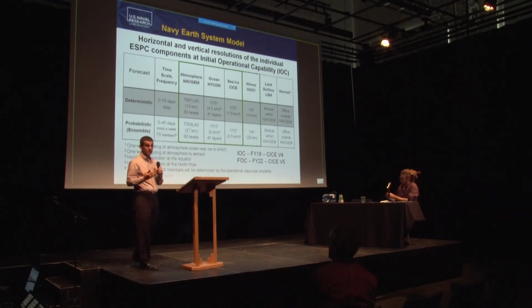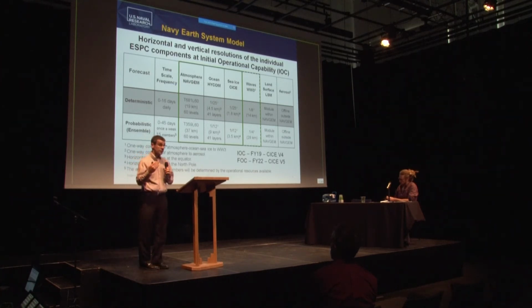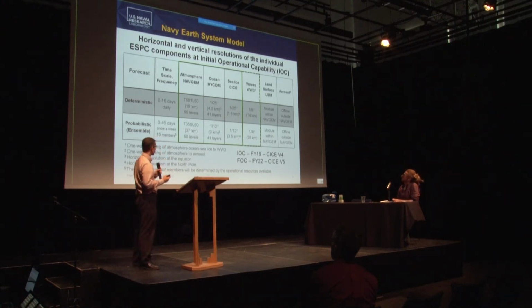Probabilistic will be a little lower in resolution just because of the time it takes to run it. So the ensemble is half the resolution of the deterministic. What I'll point out here is that we're looking at this initial operational capability, which will occur next fiscal year for us, so starting sometime after September, fiscal year 19.